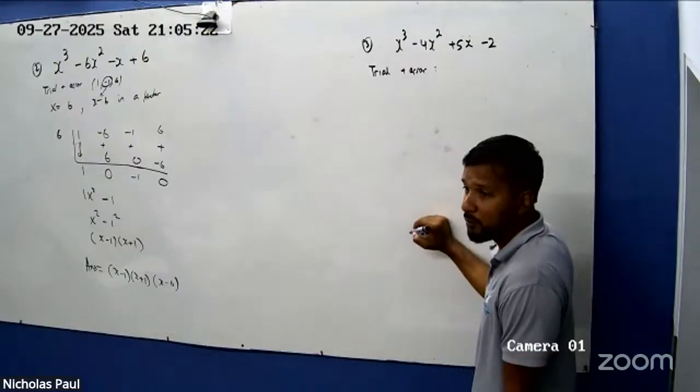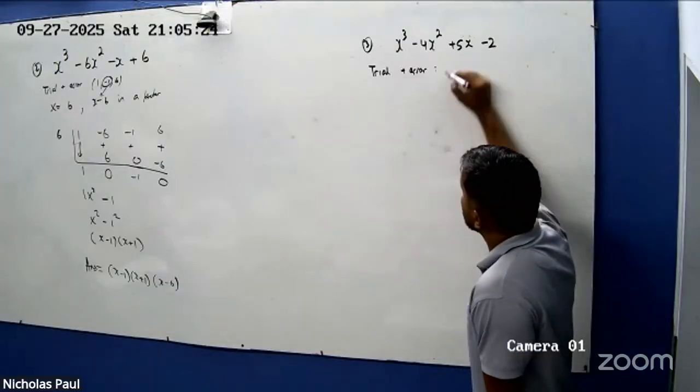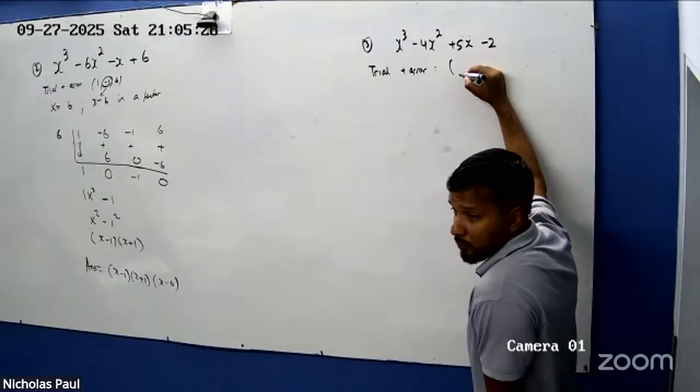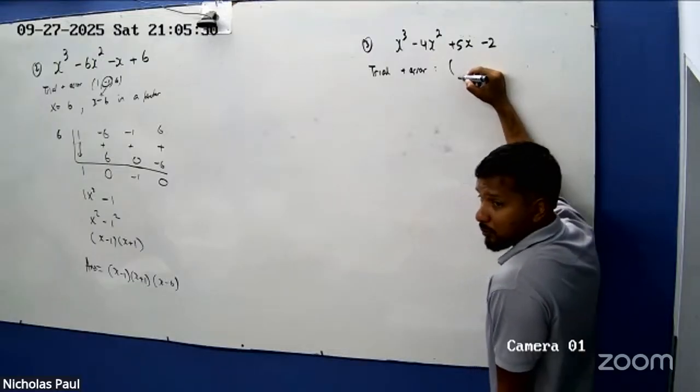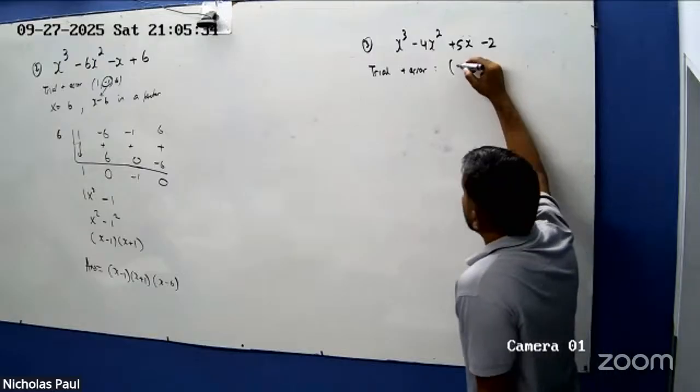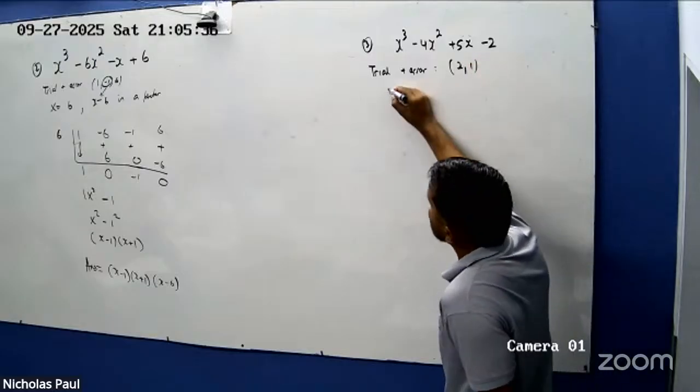2 and 1 alone? 2 and 1? Right. Choose 1. Start from 1.